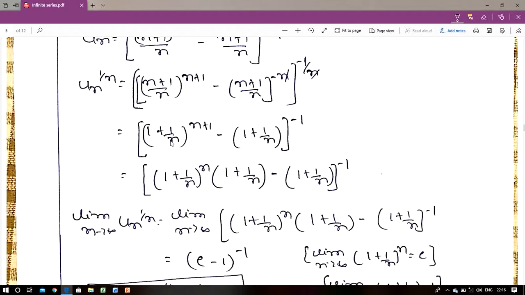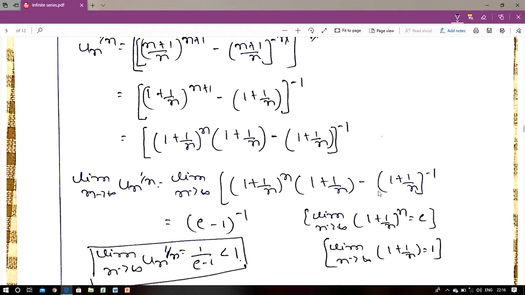Here it is split: that is 1 plus 1 by n whole to the power of n into 1 plus 1 by n, minus 1 plus 1 by n whole to the power of minus 1. So now in these two terms, apply the limit.